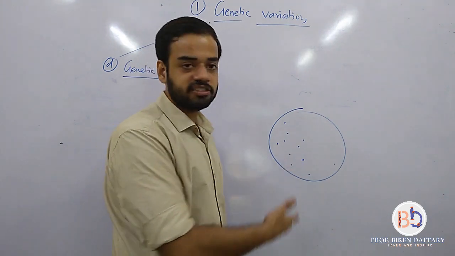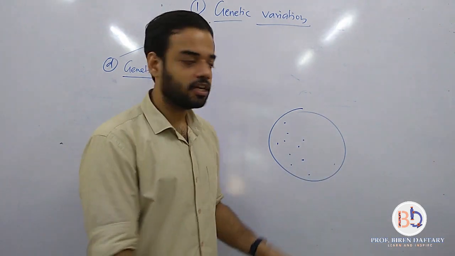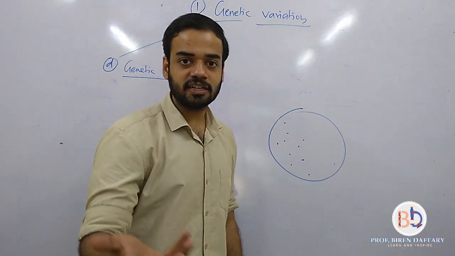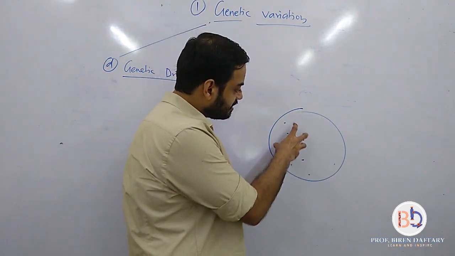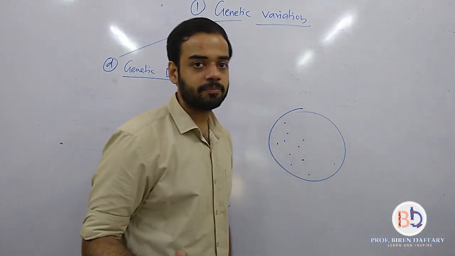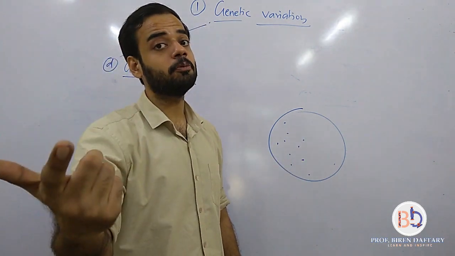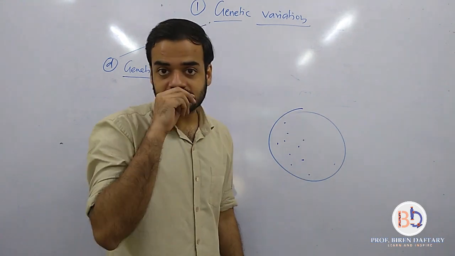Now what will happen to the gene pool? Obviously the gene pool will change, because the organisms which are dead, their genes are not counted. So now only these living organisms, their genes will be counted. Gene pool will change, obviously gene frequency will change.